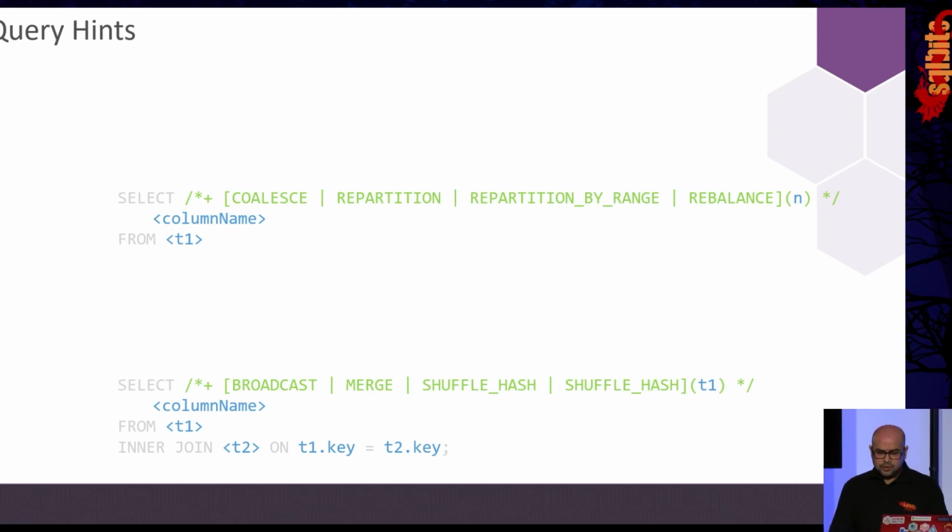The other type you've got is the join hint, and this is basically changing the join strategy. So again, if you don't want it to be a broadcast, or you don't want it to be a merge sort, or you don't want it to be a shuffle, then you can change that.